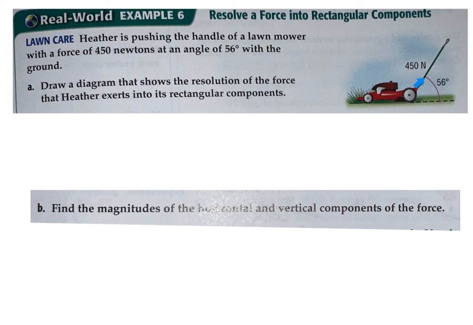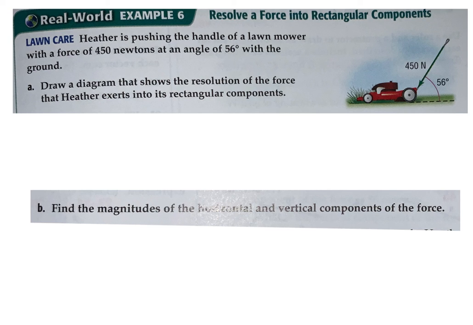It says at an angle of 56 degrees with the ground. In navigation, you're going to have true bearing, due west, northwest, or whatever. With the ground is telling you it's from the horizontal. So this would be like a standard bearing in the navigation world. With the ground is like a horizontal 56 degrees.